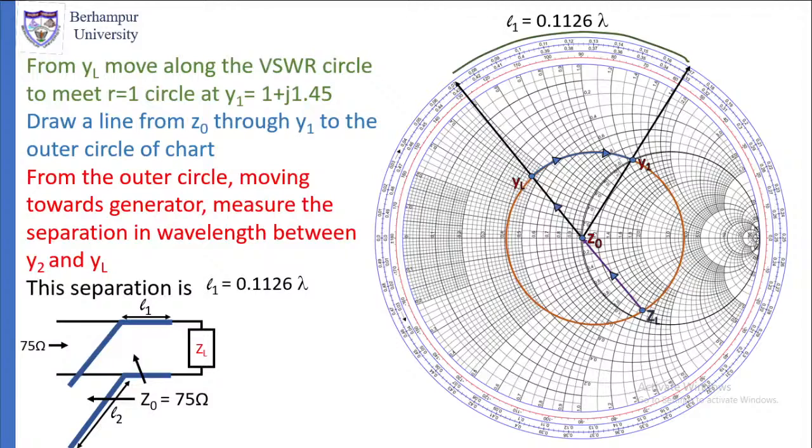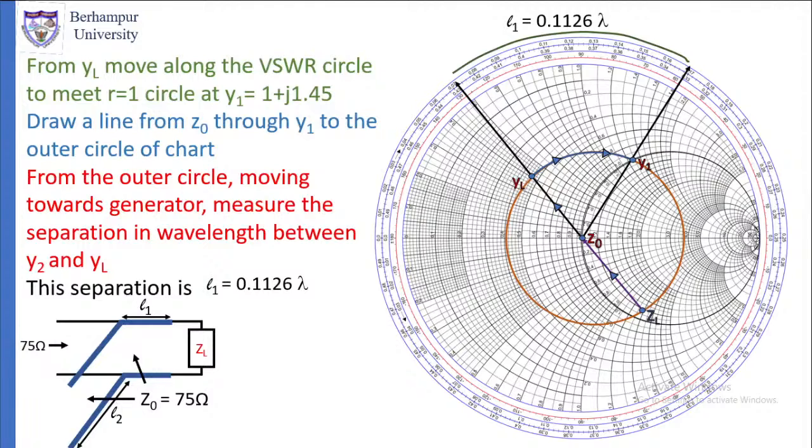On the outer circle, where it meets, mark that as Y2. Then measure the separation in wavelength between Y2 and YL. The separation gives you L1. L1 is equal to 0.1126 lambda as in the previous case.